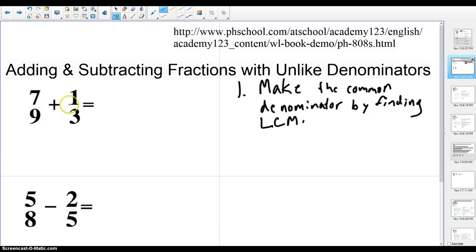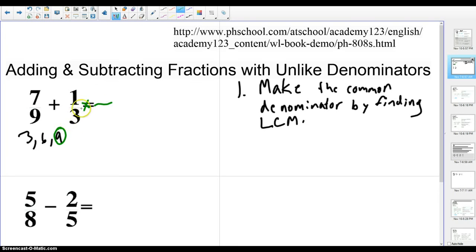So, we list the multiples of our smallest number. So we list 3, 6, 9. And this problem we're lucky because 9 is a multiple of 3. So we ask ourselves, what do we need to multiply 3 by to get 9? And that's just going to be 3.